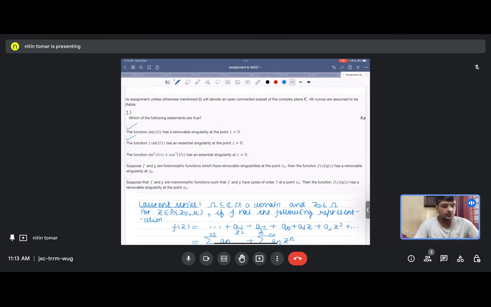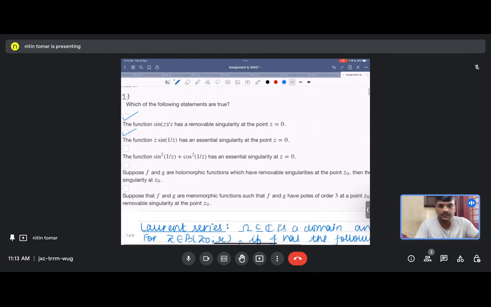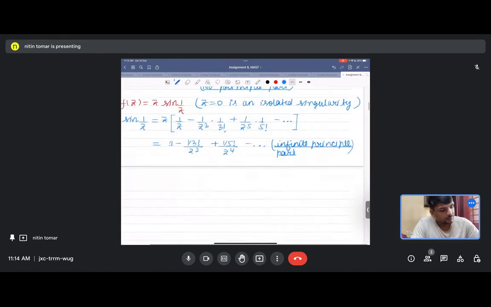Now, what about sine square 1 by z plus cos square 1 by z? So what is the singularity here? z equal to 0, right? z equal to 0 is the singularity. Okay, so let me just write.